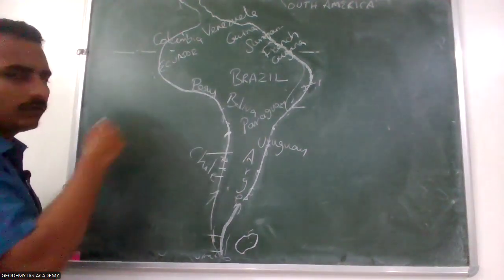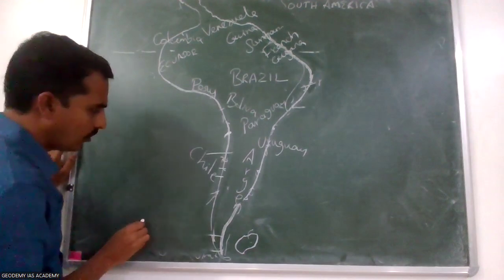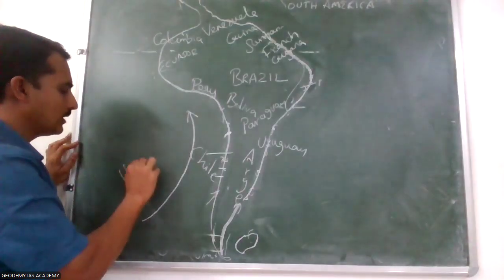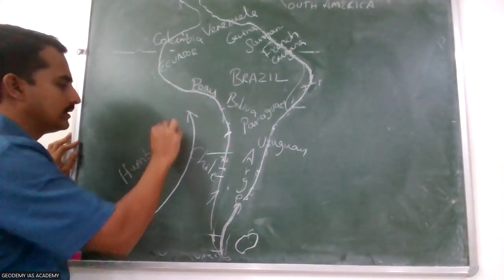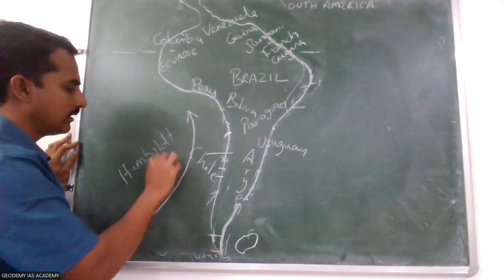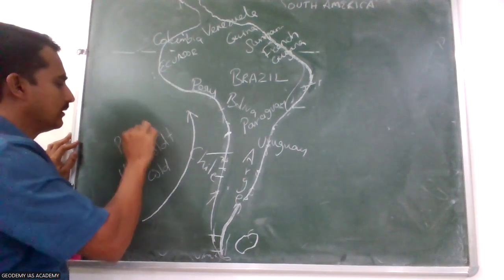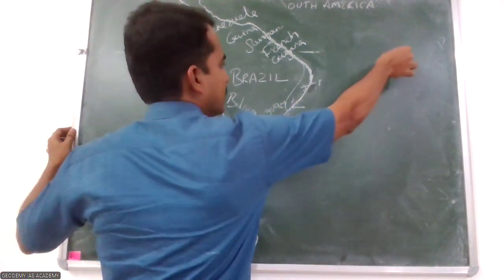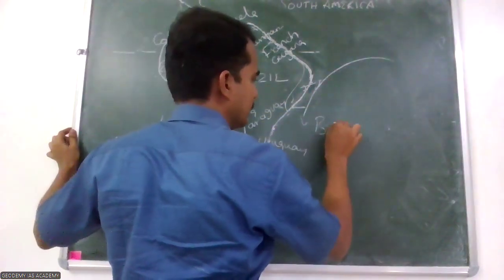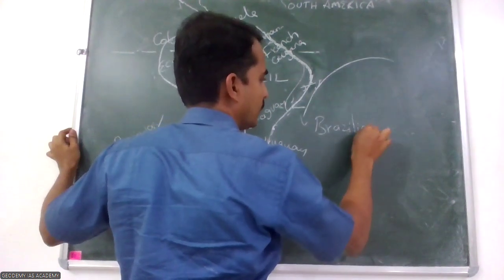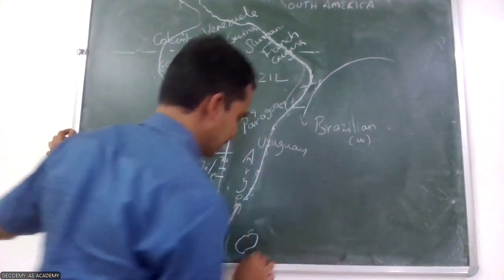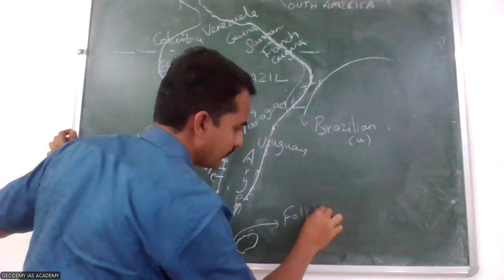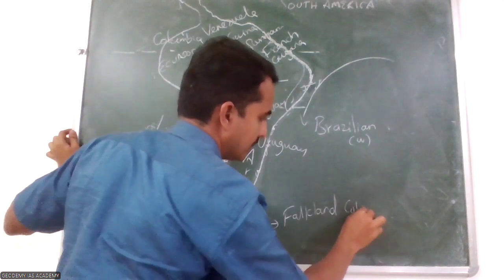Here, the other one is the cold ocean currents. The Peruvian current, otherwise called the Humboldt current, flows through this region. Cold current, Humboldt cold current, or Peruvian cold current is here, and here the ocean current is the Brazilian current, a warm current. Okay, Brazilian warm current, and here the current is the Falkland cold current. Cold current. Okay.